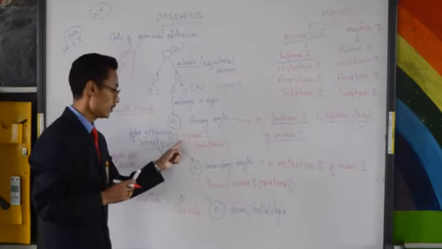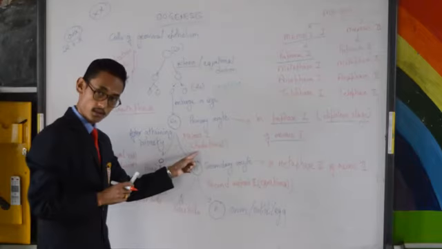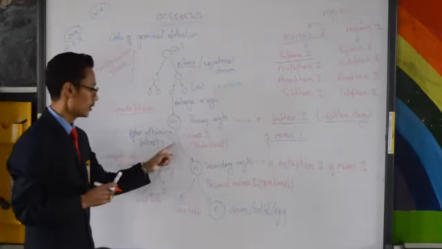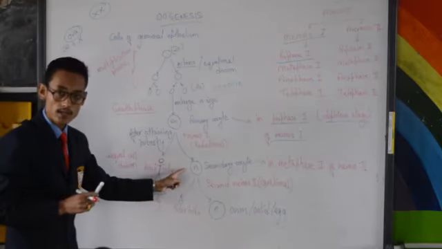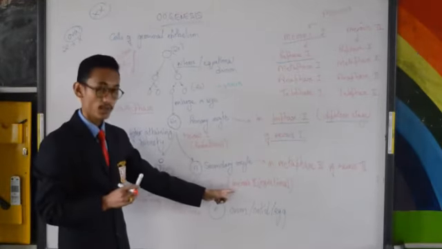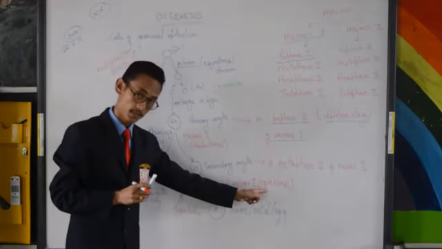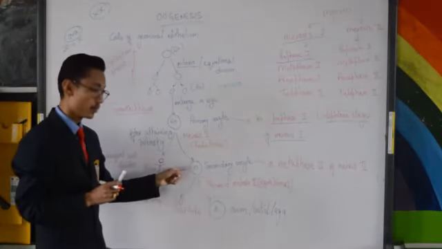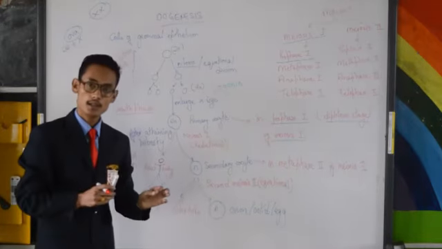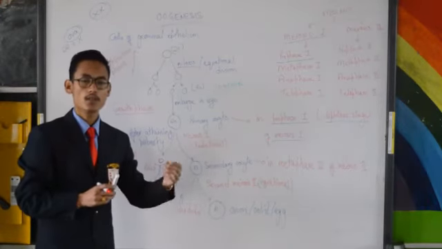So the first meiotic cell division will be reductional, where the diploid primary oocyte will change into the haploid secondary oocyte, and the secondary oocyte will undergo the second meiotic cell division, which will be equational cell division. That's why the number of chromosomes in the secondary oocyte and the ovum will remain the same, or constant.